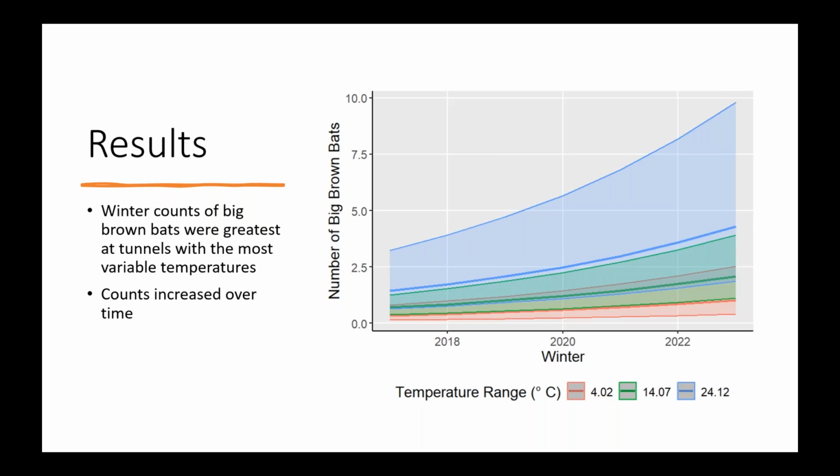Totally different story than the last 2 species. And from the perspective of somebody who goes to these tunnels every winter, this makes perfect sense. You do not find large populations of little brown bats and tricolored bats in the same railroad tunnels that you find the largest populations of big brown bats. Big brown bats are found in these very variable environments.